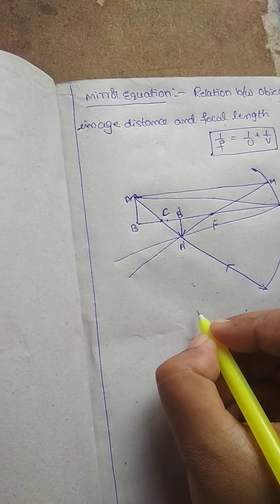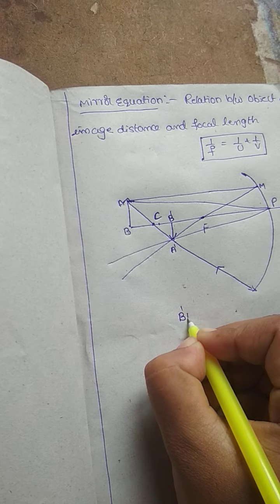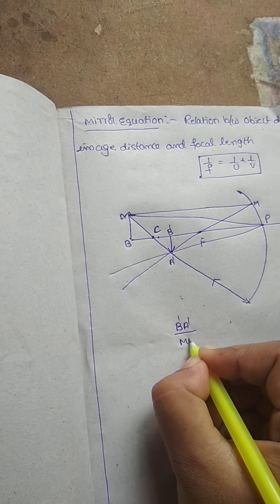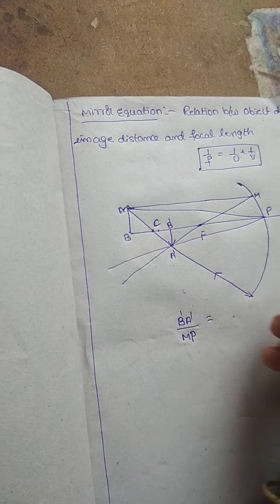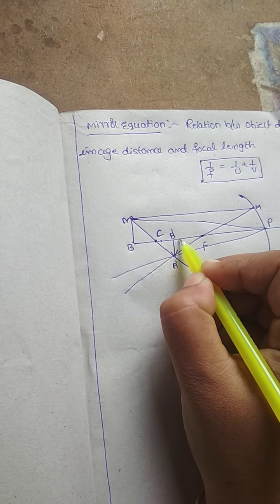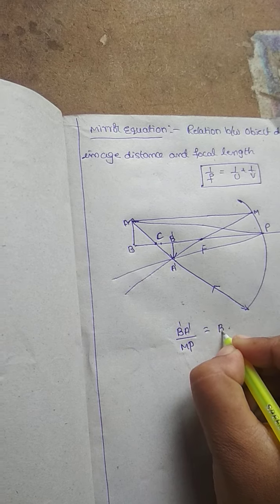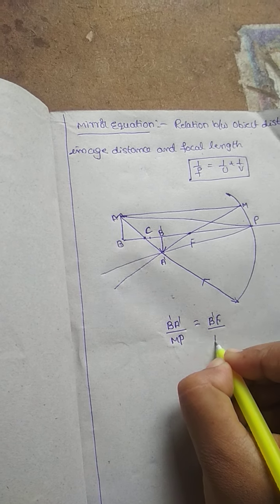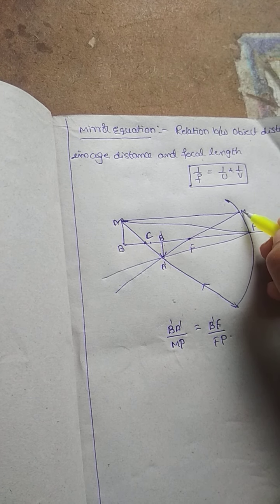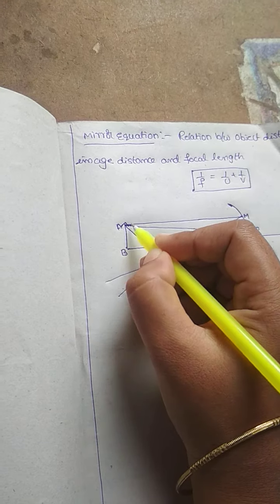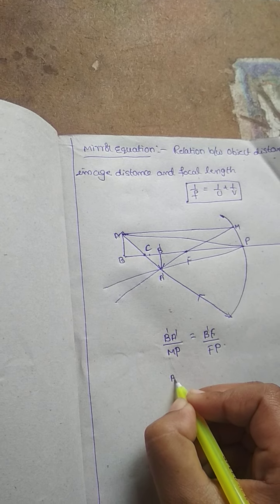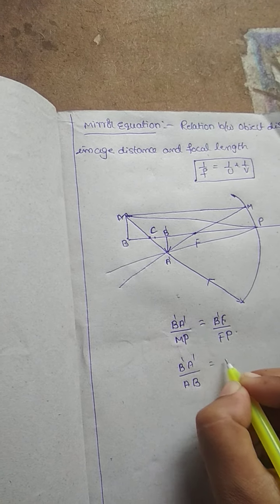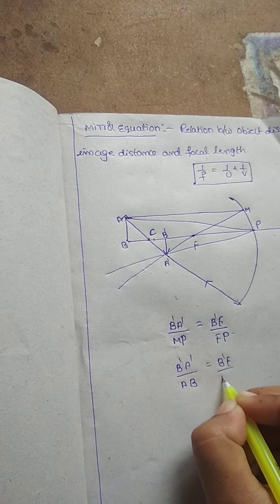So we can write B dash A dash by MP, next B dash F by FP. Where MP is equal to AB, so we can rewrite: B dash A dash by AB is equal to B dash F by FP.